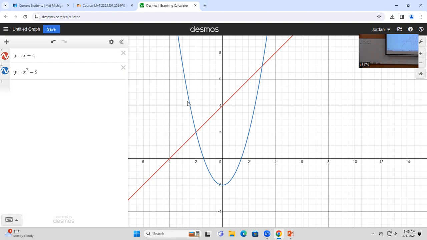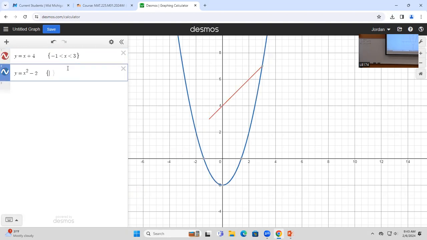There are times when the blue is above the red, and there are points in which the red is above the blue. But remember, our focus is from -1 to +3. So we're looking in that region.